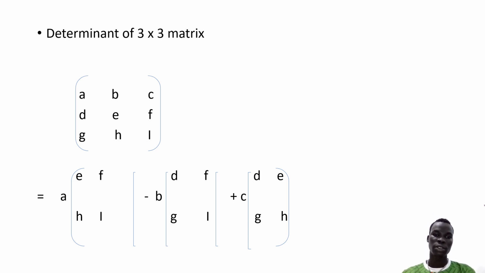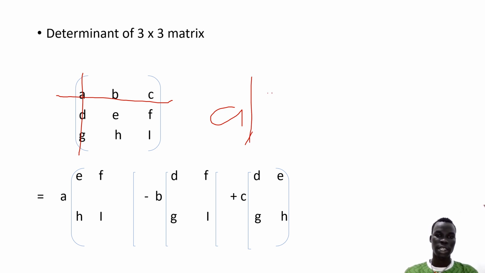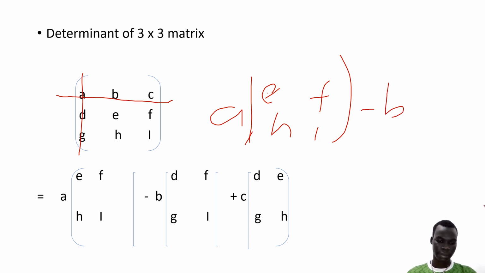So when you want to find it, you first eliminate the first row, then you say A. To find the A, you need to remove row 1 and column 1. Then after removing, you are remaining with E, F, H, I, then minus B.